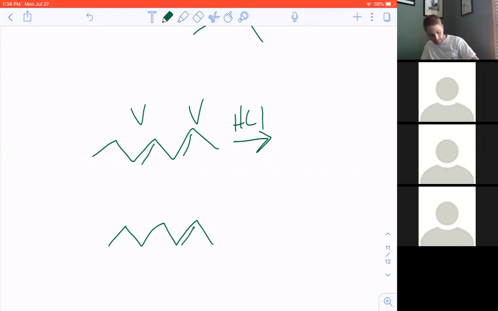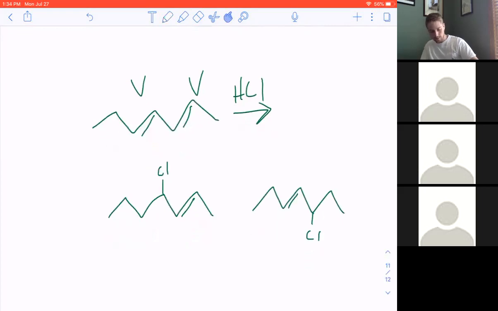You would basically have the chlorine here. You could also add it to the other position, which would look something like this, chlorine here. And those are both for the 1,4 additions.